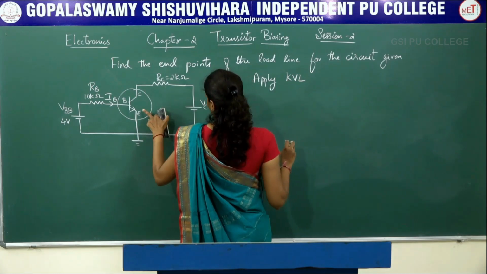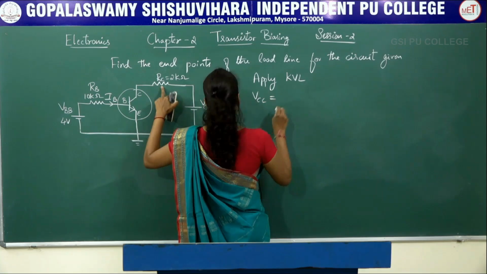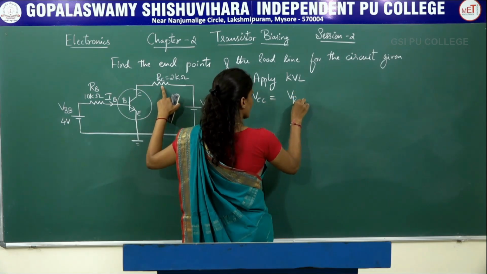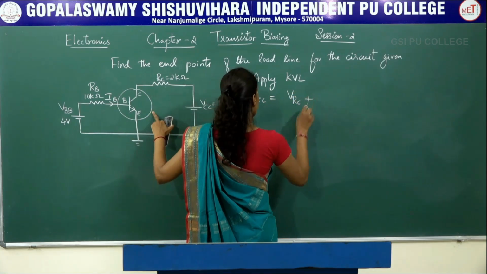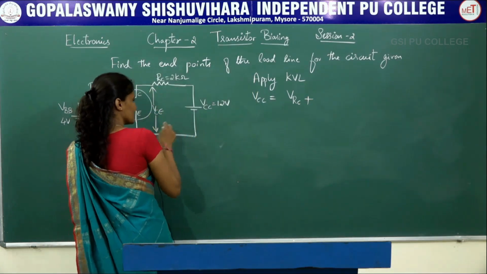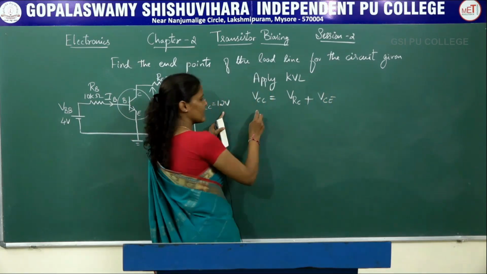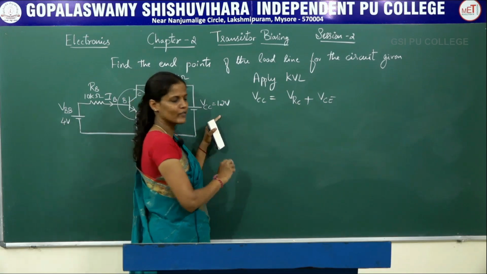KVL. So VCC is equal to the voltage drop across RC plus the voltage drop across these 2 terminals, which we are going to call VCE. So VCC value is equal to 12 volts, it's already given over there.